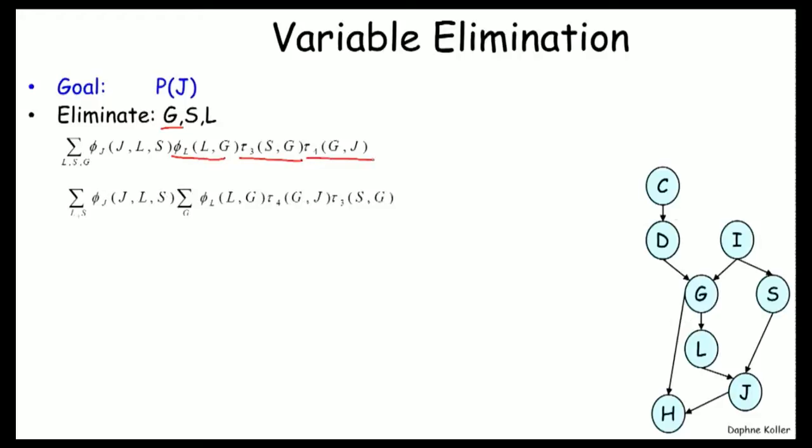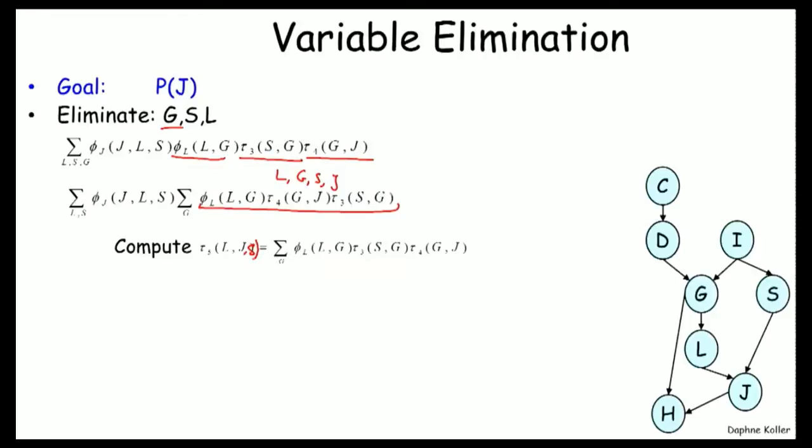So when we think about the variables here in the scope, we see that this product over here has a scope of L, G, S, J, which is the largest factor, the one with the largest scope that we've encountered so far. Summing out G, we end up with a factor whose scope is L, S, and J, so we're missing an S.